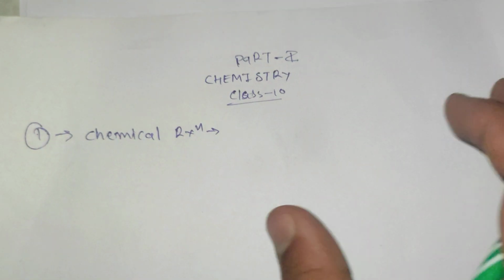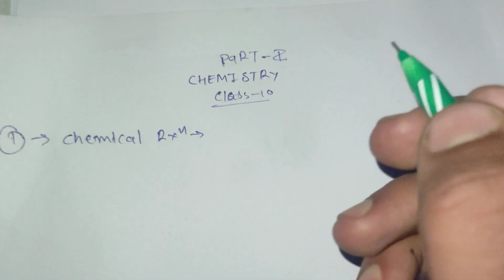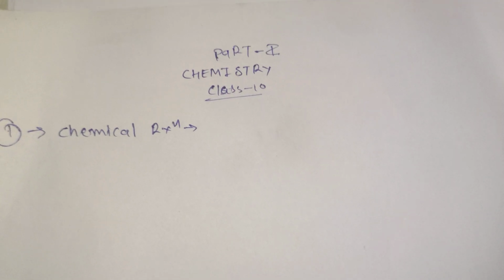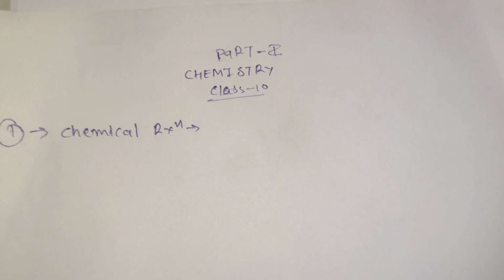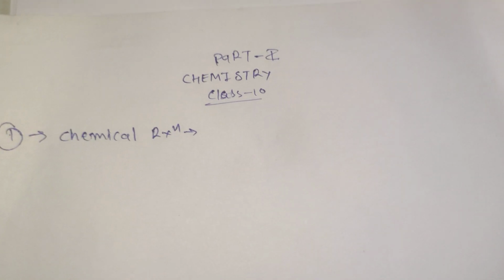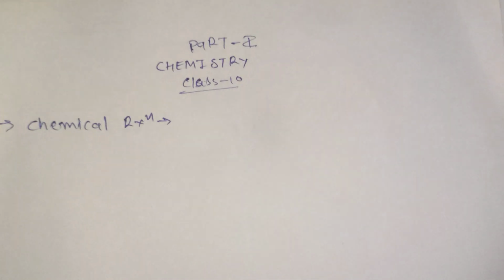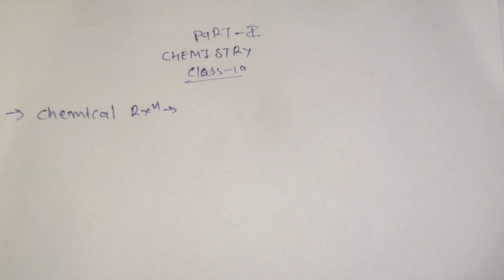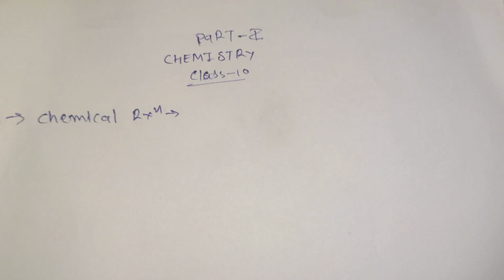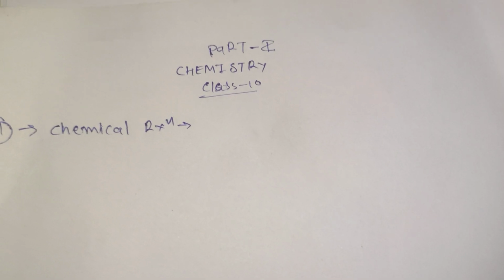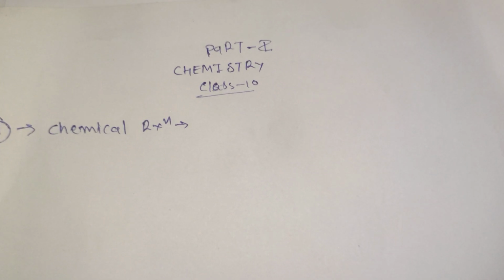So, chemical reactions. Whenever a substance is formed chemically, there is a change, like when milk is burning, the state of the milk changes, or when water is boiled. If water is boiled, we see some changes in the chemical way.